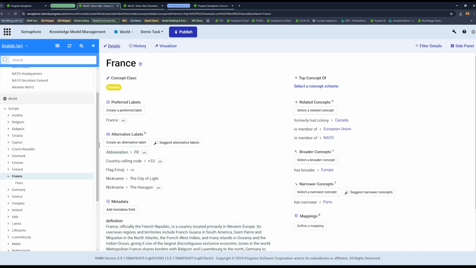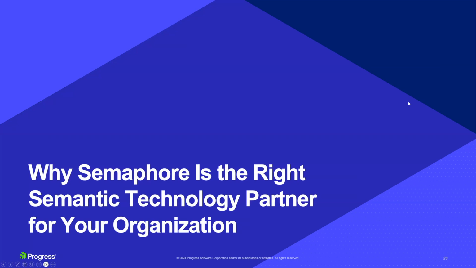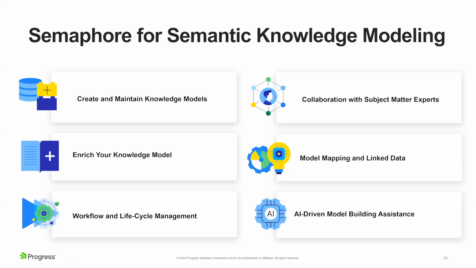So great. That concludes the demonstration portion. So why Semaphore is the right semantic technology partner for your organization? So Semaphore for semantic modeling, we've been talking about this quite a bit today. Create and maintain knowledge models. You can enrich your knowledge models. You've seen that. You can collaborate with subject matter experts with a knowledge review tool.